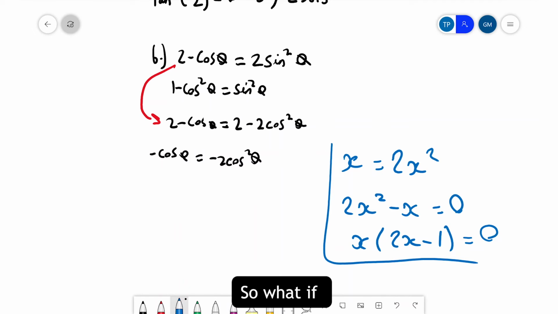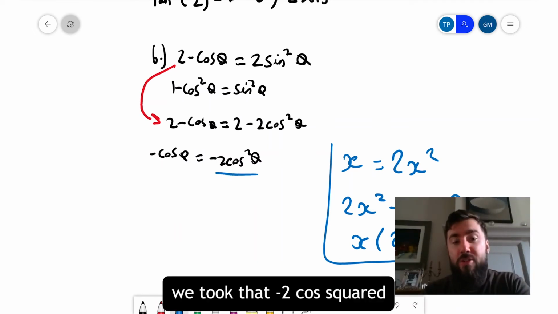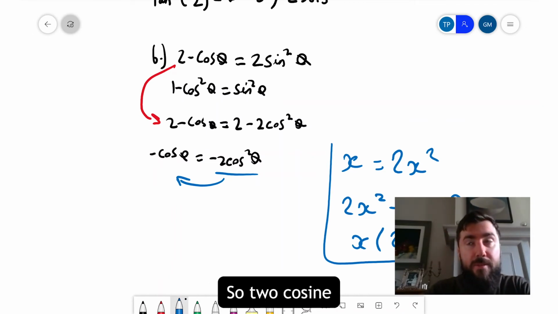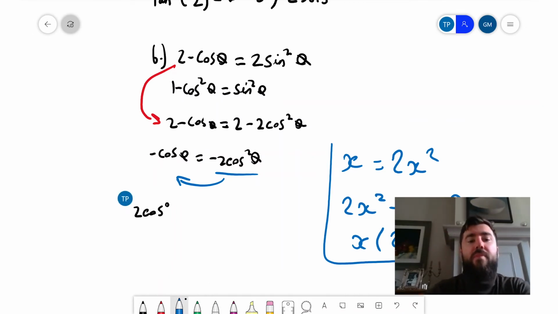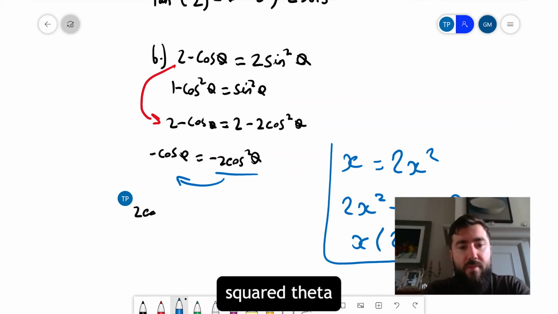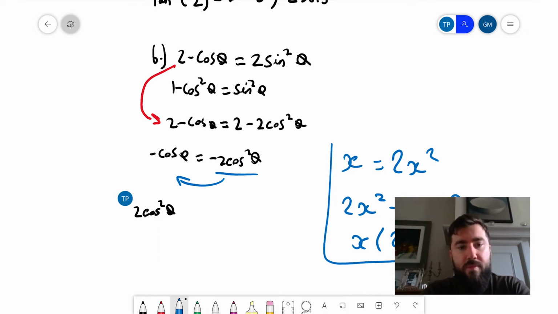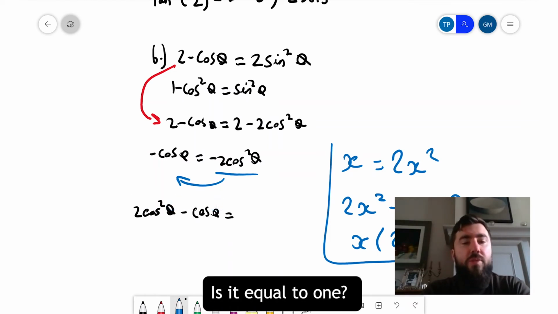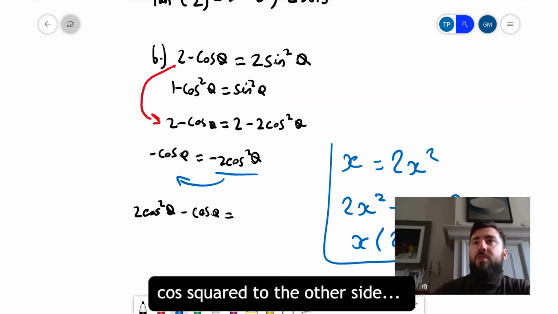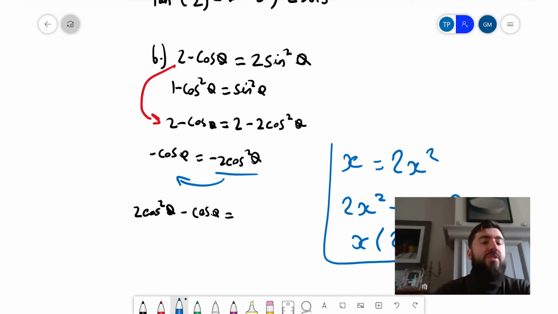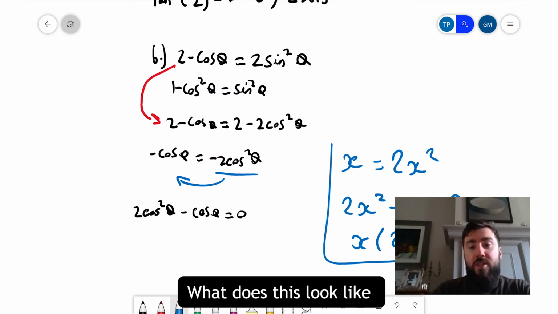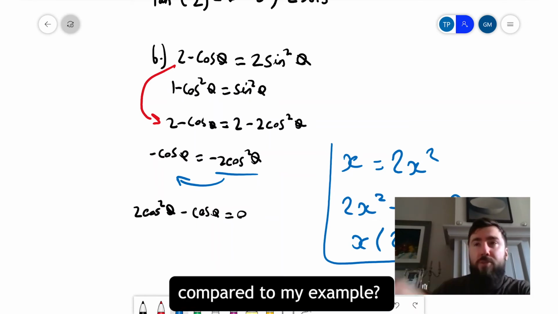So what if we took that minus 2 cos squared and moved it to the left side? So 2 cosine squared theta minus cosine theta is equal to 0. Because if we add 2 cos squared to the other side, there's nothing left, just 0. Now, what does this look like compared to my example?